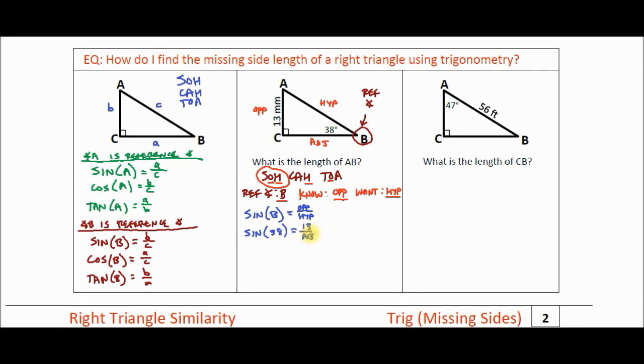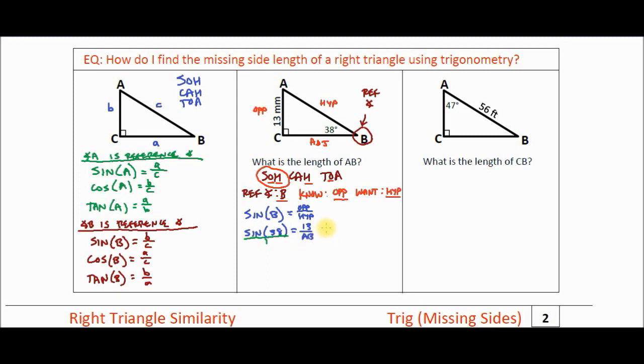Now I'm going to show you a math trick, class. We did all the steps in the last video, but a math trick here is, if you think about this as a proportion, and I'll write this in a different color so you see this. If you think about this as a proportion, this is sine of 38 over 1 equals 13 over AB. We can actually switch AB and sine of 38 around, and we do not change our answer.